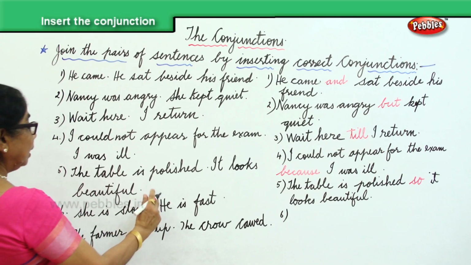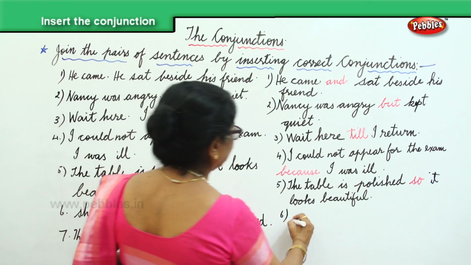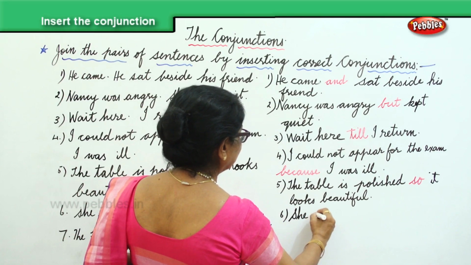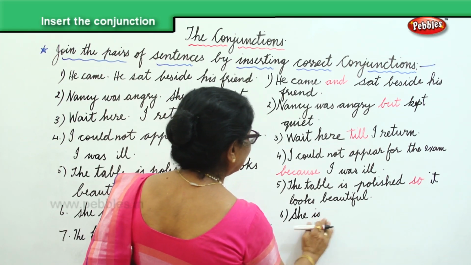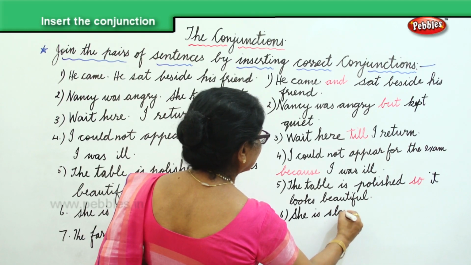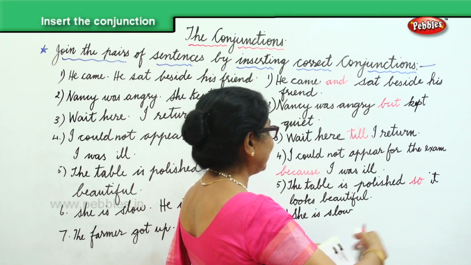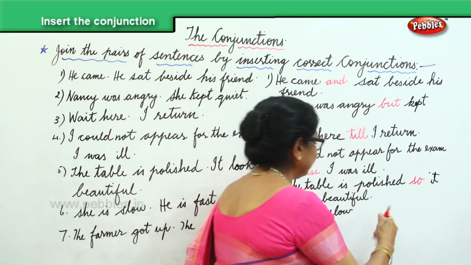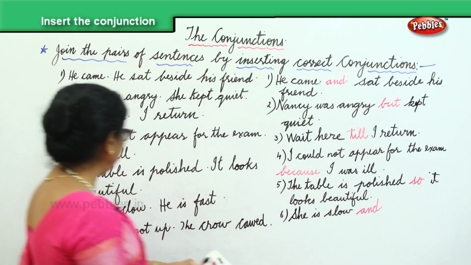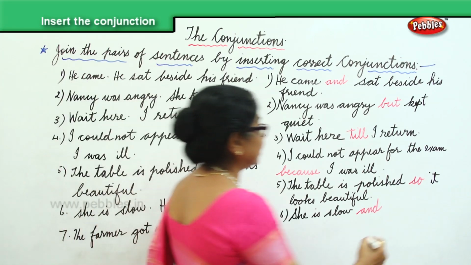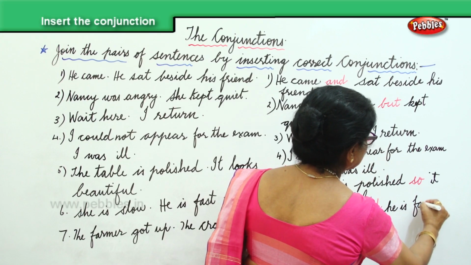You can also make it, she is slow and he is fast. She is slow and he is fast.